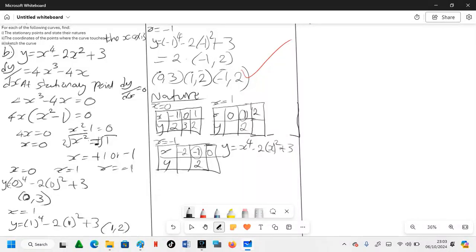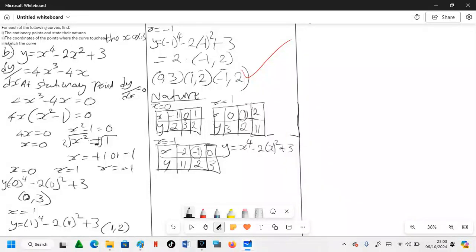To put in negative 2 there, you find that the value is 11. If you put 0, you can get it from here. The value is 3. So here the value is 3. So we need to find 2. And currently the value is also 11.